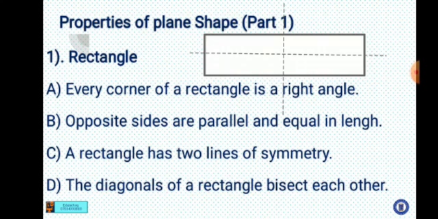When you divide it horizontally, you have 2 equal parts also. So a rectangle has 2 lines of symmetry. The diagonals of a rectangle bisect each other. The diagonal is a line that divides a shape diagonally.